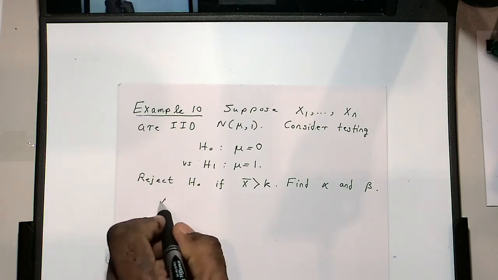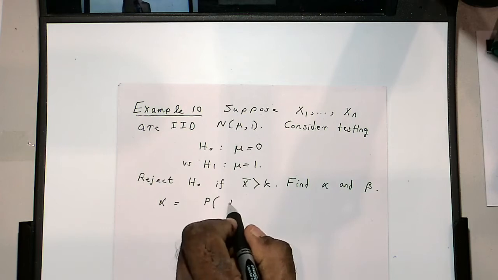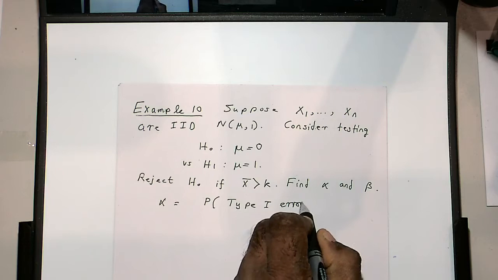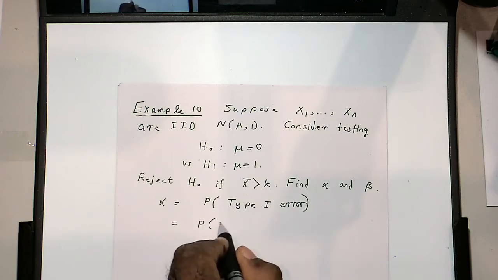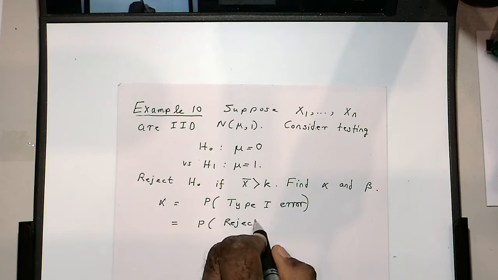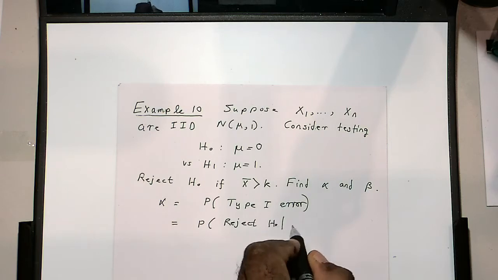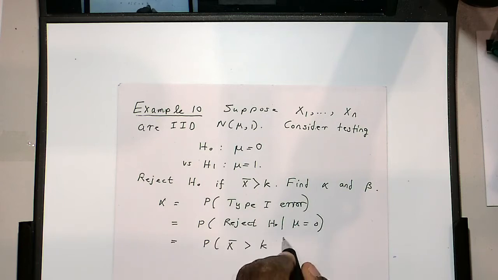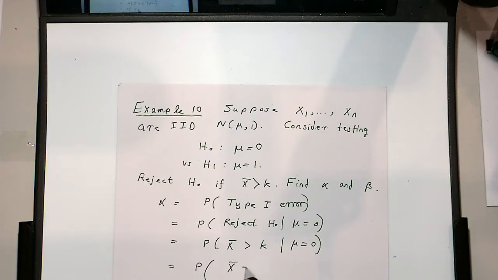Remember, alpha is the probability of type 1 error, which is the probability of rejecting the null hypothesis when it is true, which is mu equal to 0. So it's the probability that x bar is greater than k given that mu is equal to 0. Now I'm going to do standardization. You'll see in a minute why I'm doing this.